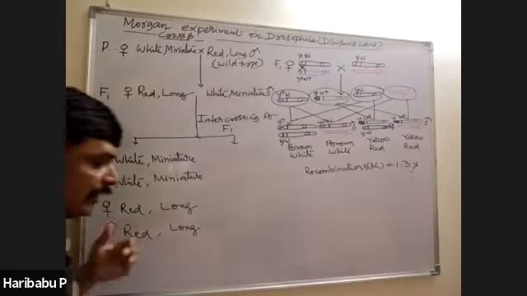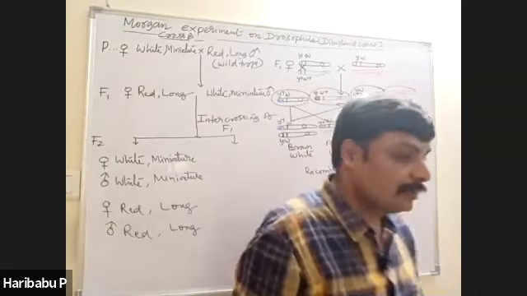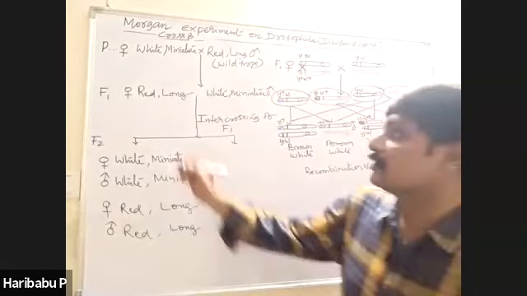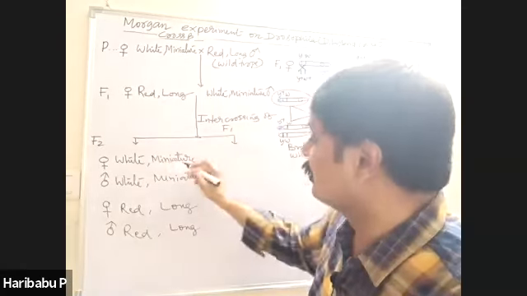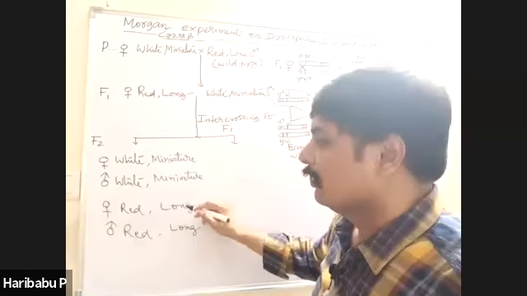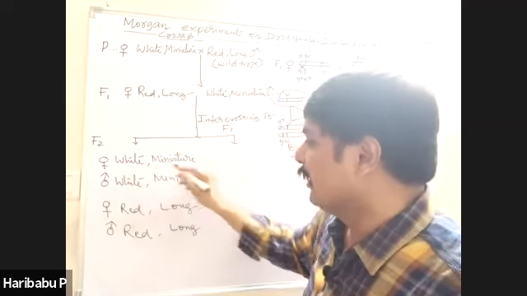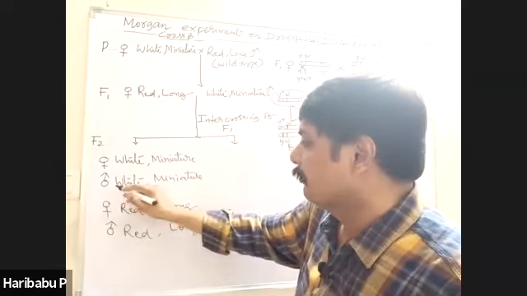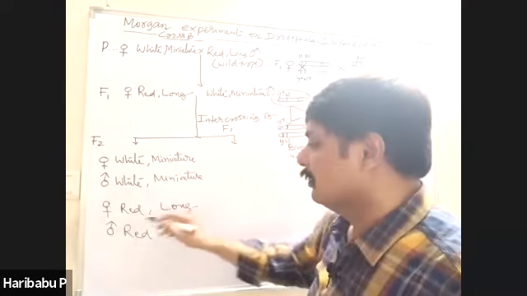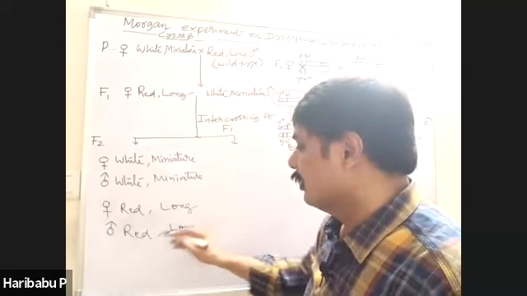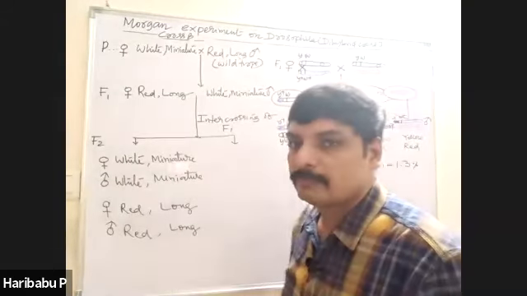These are the parental combinations. The parental combinations are white miniature and red long. Here, female white miniature, male white miniature, female red long, and male red long are obtained.